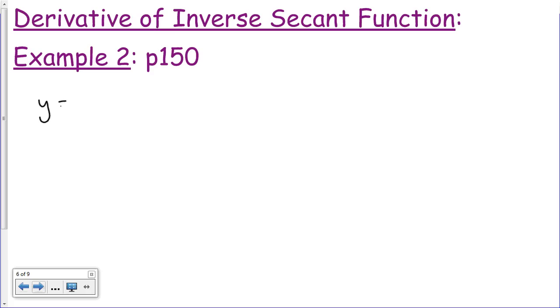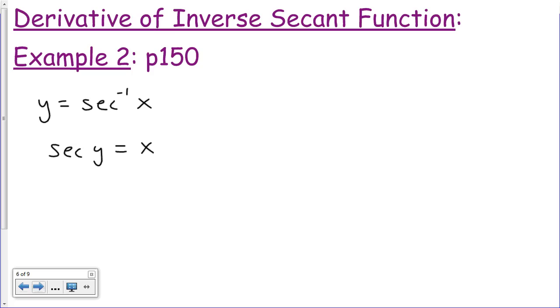So we have y is equal to the secant inverse of x. And again, in that form, I don't have anything I can do because I don't know at all how to find the derivative of secant inverse. If I could write it in a form that I could find the derivative of, that would be very helpful. So we've already stated that saying y equals secant inverse of x is the same as saying the secant of y is equal to x.